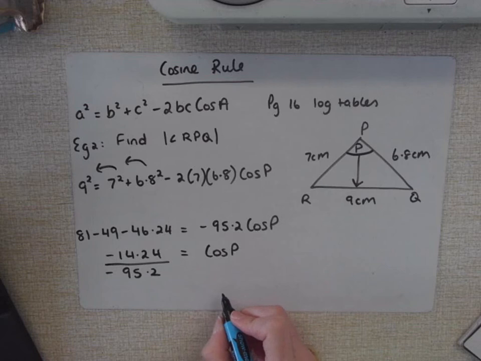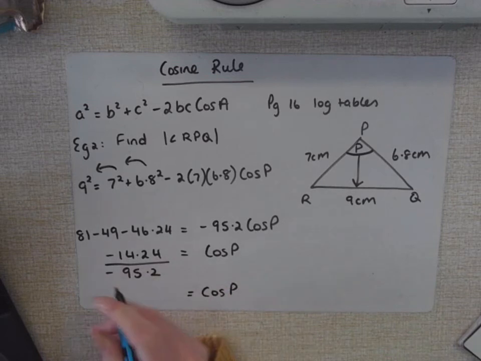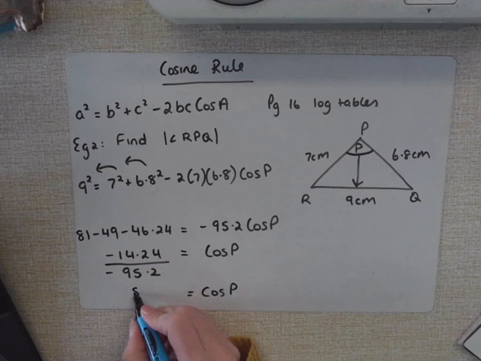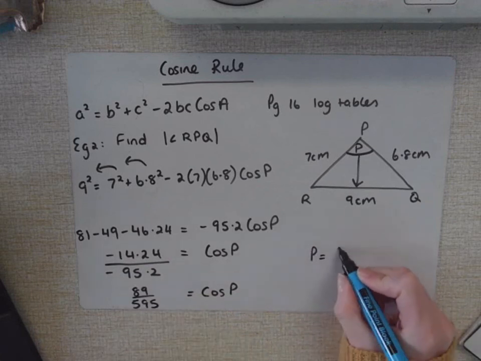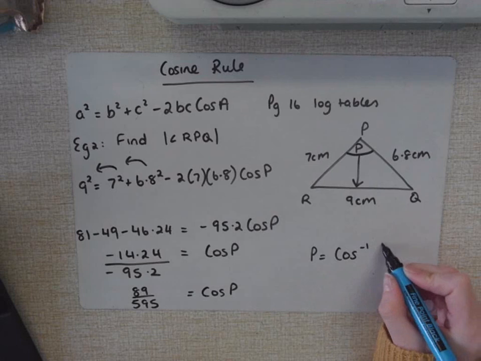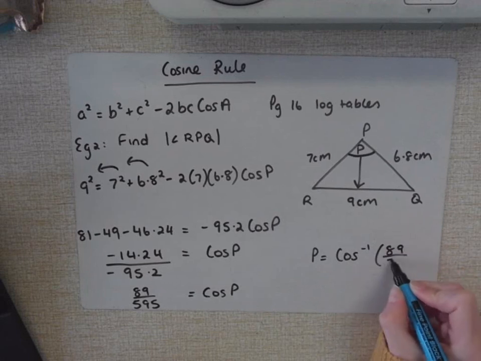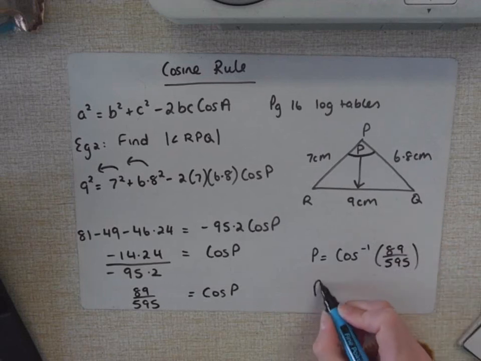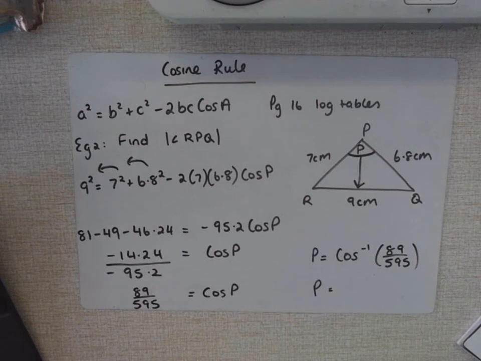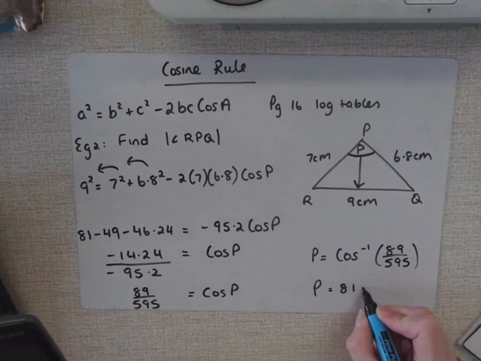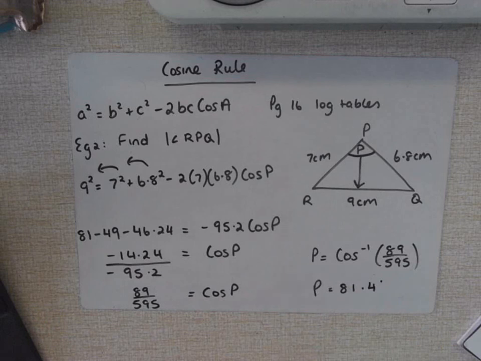So just before that, I threw this into my calculator and I got 89 over 595. So then P is going to be cos inverse of that, and I get 81.4.